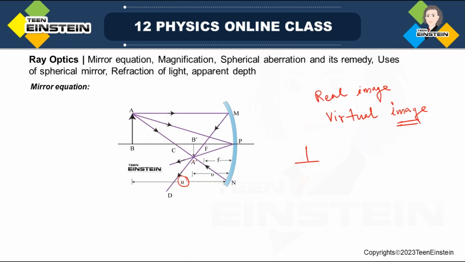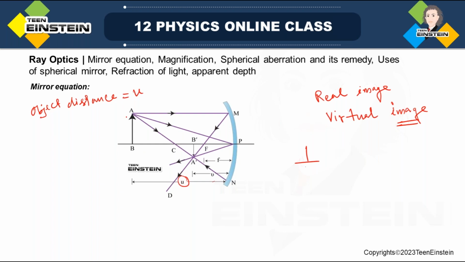The position B prime P, this distance, is denoted by v, the image distance. All the distances are measured from the pole.